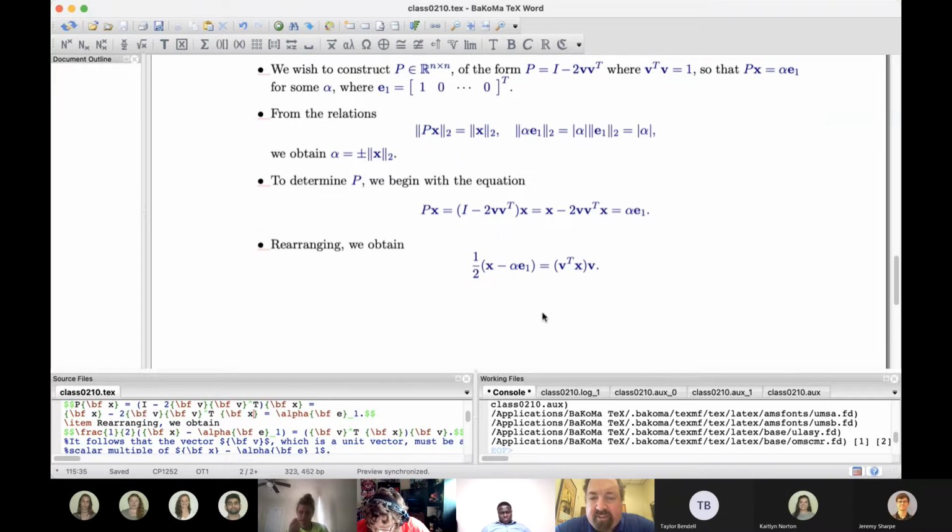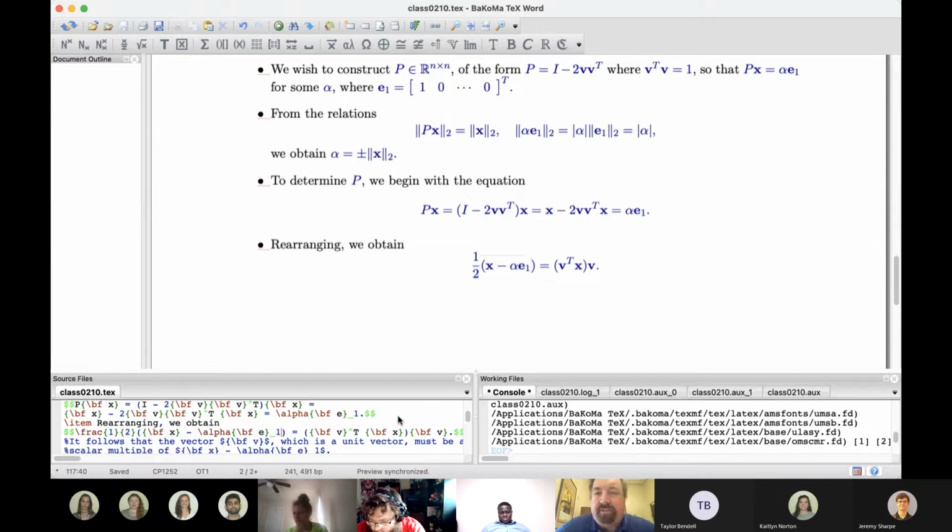So what is this equation telling us? It's saying that this vector must be the direction of V. Because what is this? This is just a constant scaling factor times V. So the direction of V must be the same as this direction.